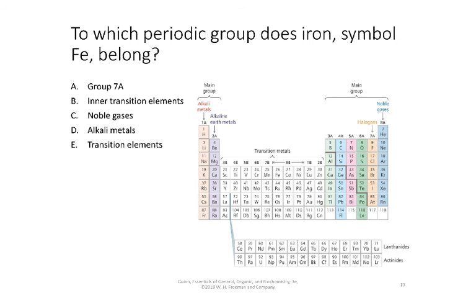Okay, next question. To which periodic group does iron belong? Element symbol Fe. So remember that the symbols don't always make sense with the English name because these elements weren't all discovered by English-speaking people, and the names aren't the same in all different languages.